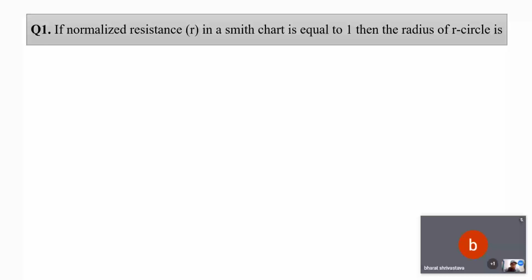Our first problem is, if the normalized resistance R in a Smith chart is equal to 1, then the radius of the resistance circle is how much? Any idea how to solve this problem?